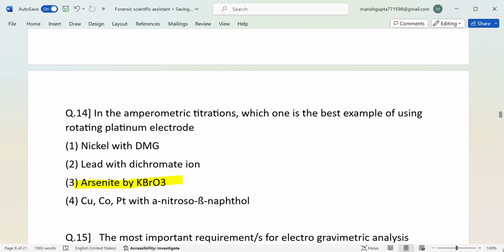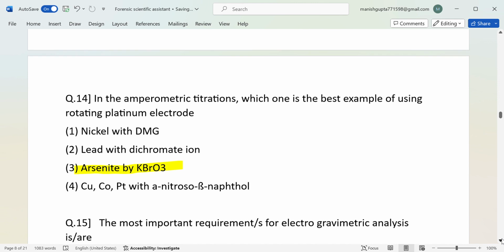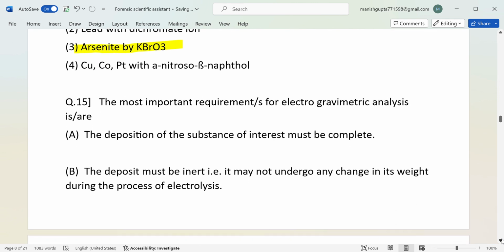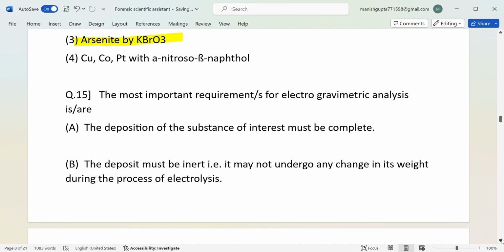Now we are going to see question number 15. The most important requirements for electrogravimetric analysis are: option number A, the deposition of the substance of interest must be complete. Option B, the deposit must be inert; it may not undergo any change in its weight during the process of electrolysis.